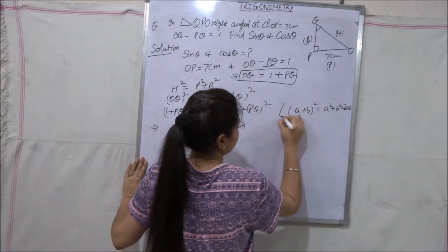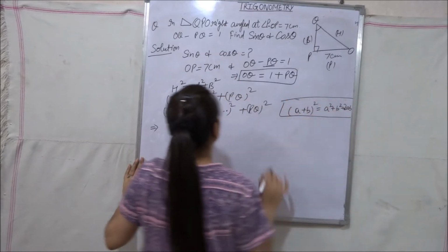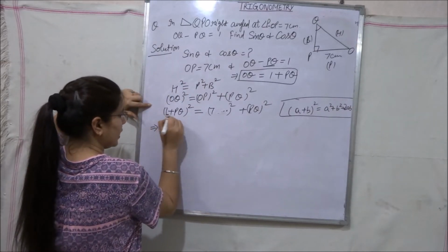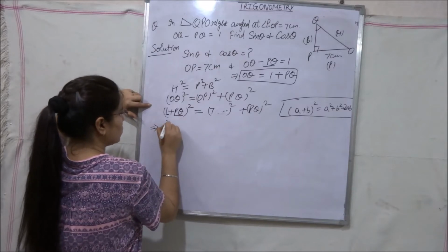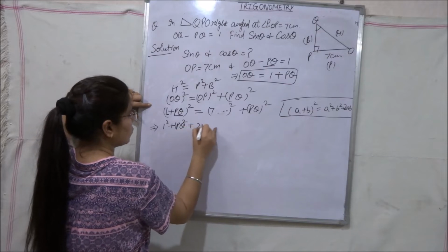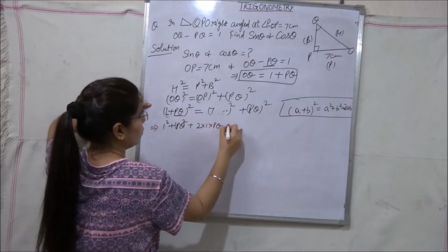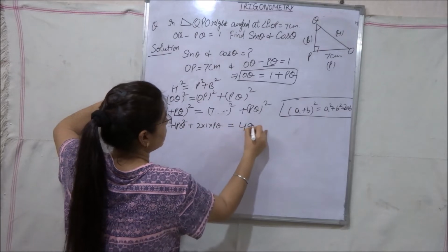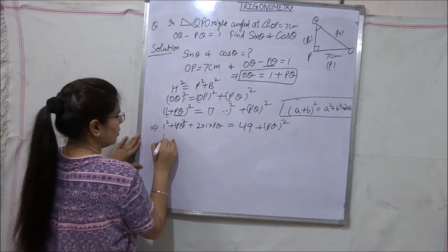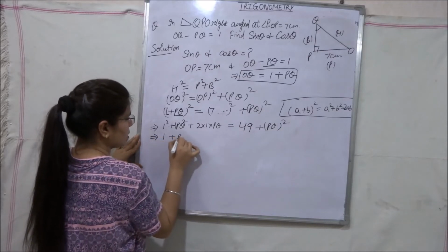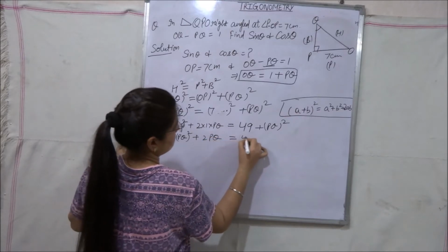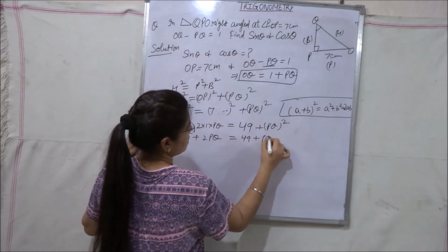So apply this identity on the left hand side, where a is 1 and b is PQ. So 1 square plus PQ square plus 2 into 1 into PQ equal to 49 plus PQ square, that is 1 plus PQ square plus 2PQ equal to 49 plus PQ square.